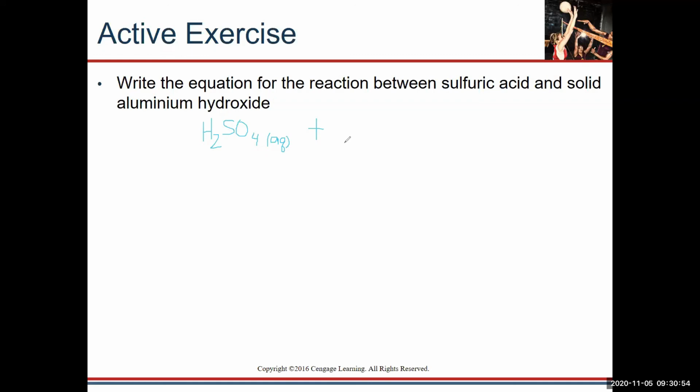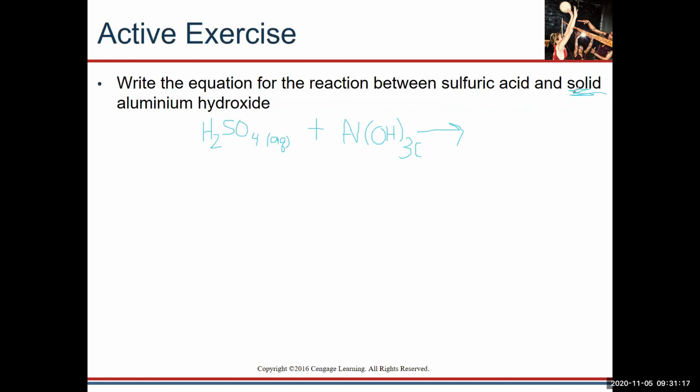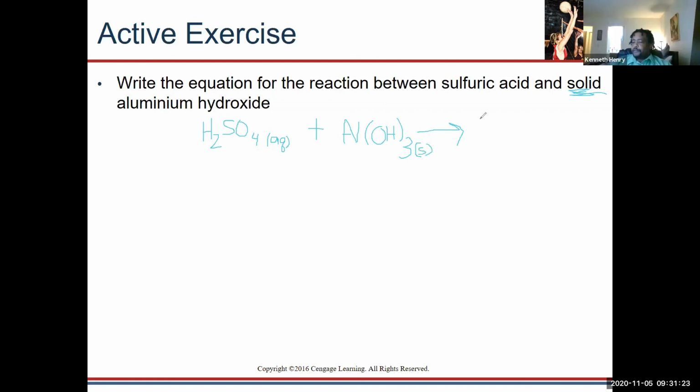Al, parentheses, OH in parentheses and subscript 3. Okay, what are we going to make? Is it solid, liquid, or gas? Solid. Okay, so what are our products?